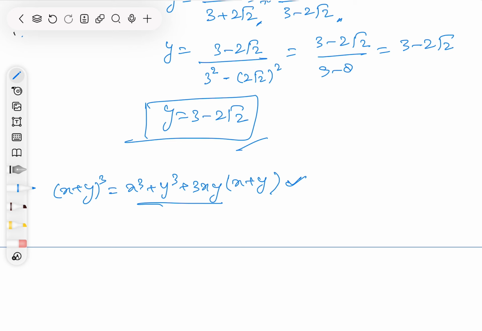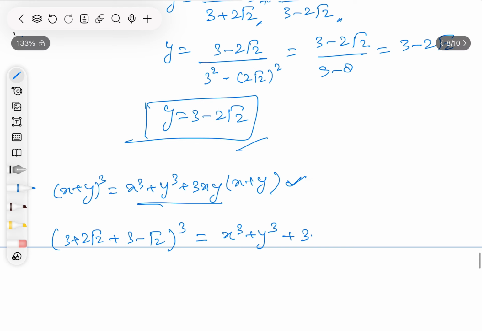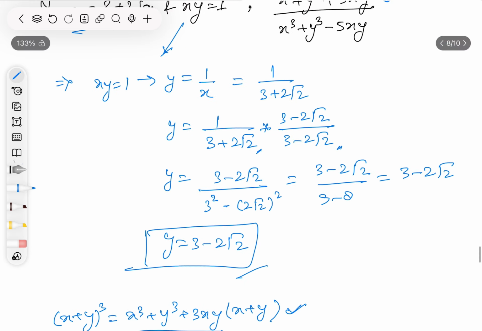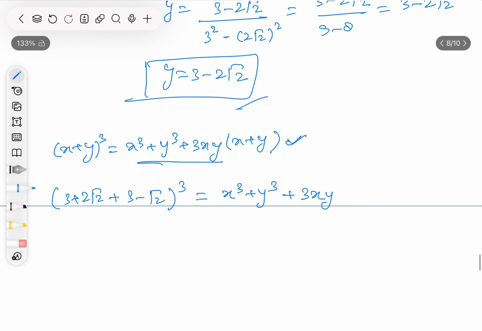X plus y will be 3 plus 2 root 2 plus 3 minus 2 root 2, whole cube, equals x cube plus y cube plus 3xy, and xy is already given as 1, so this is 1 multiplied by 1 and x plus y.